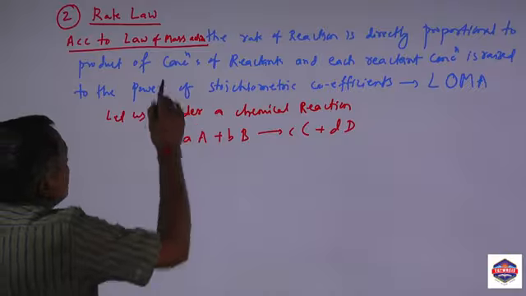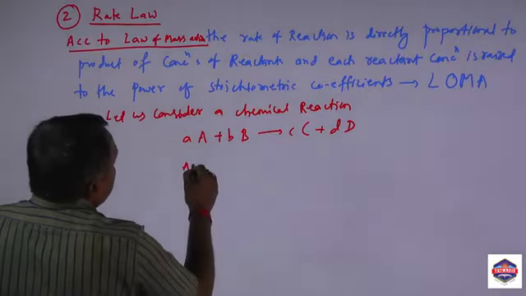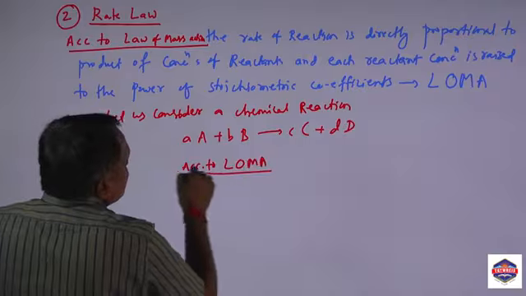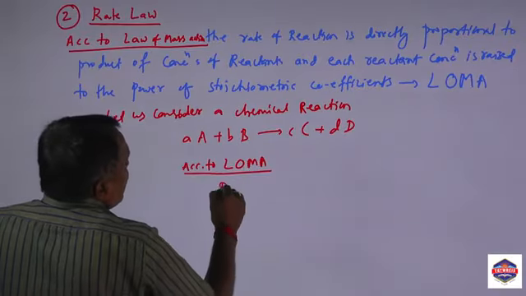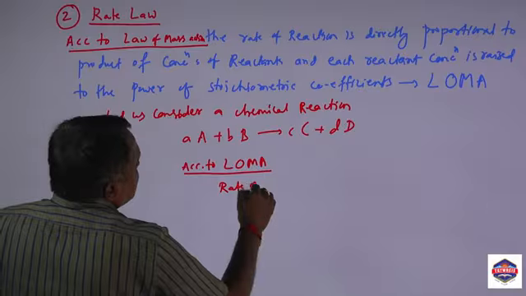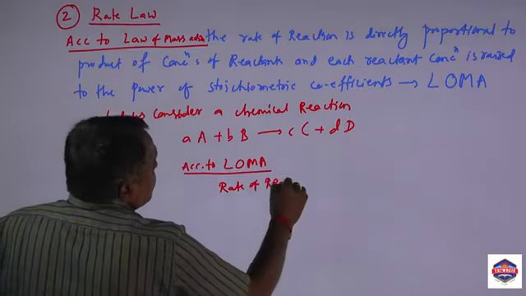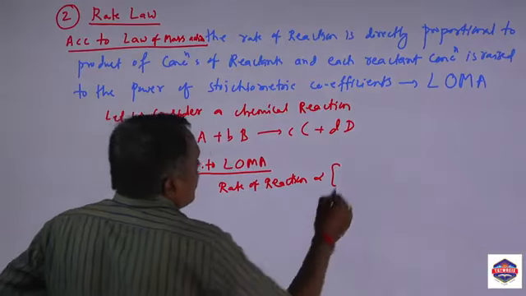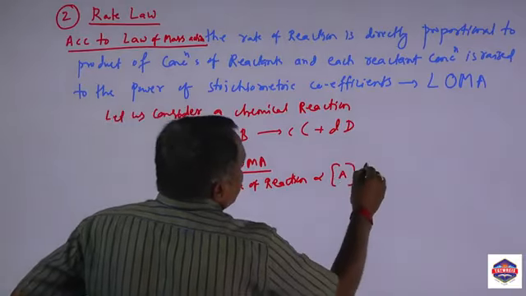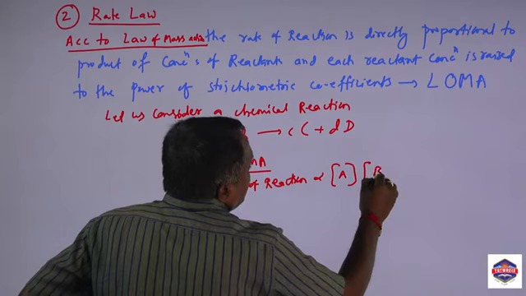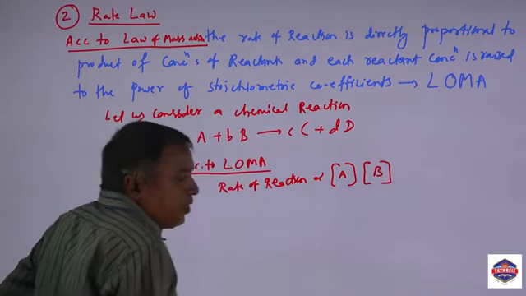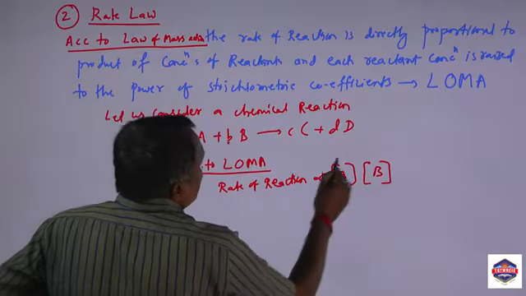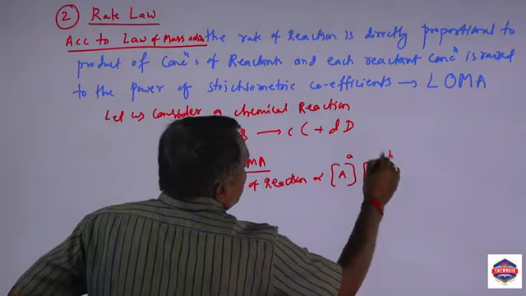So according to this law of mass action, the rate of reaction is directly proportional to the product of concentrations of reactants, the product of reactant concentration A and reactant concentration B, and each reactant concentration is raised to the power of their stoichiometric coefficients, power a and power b.